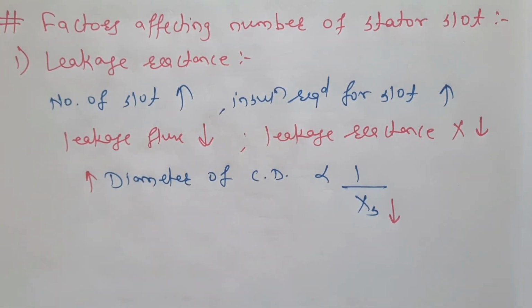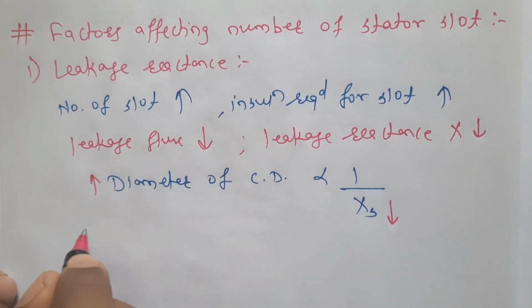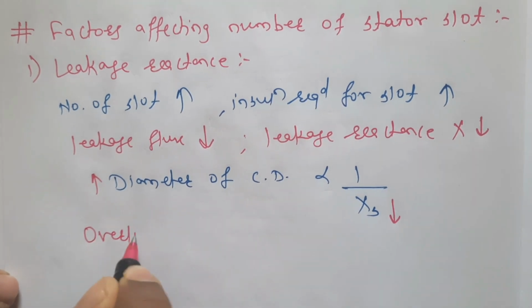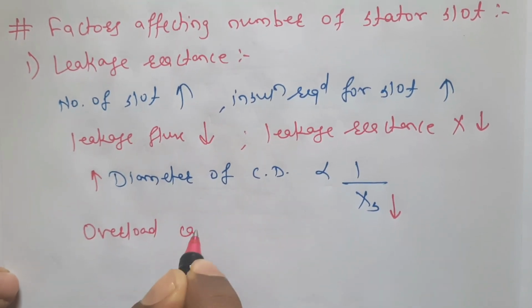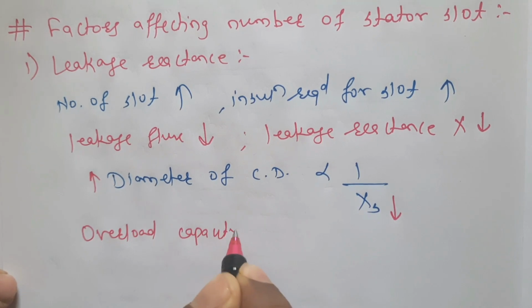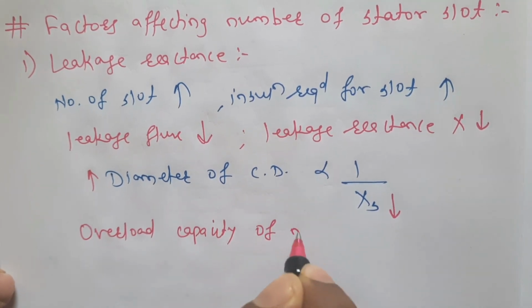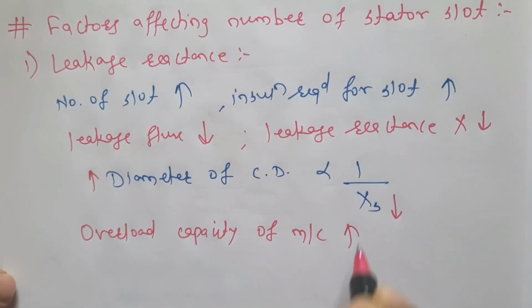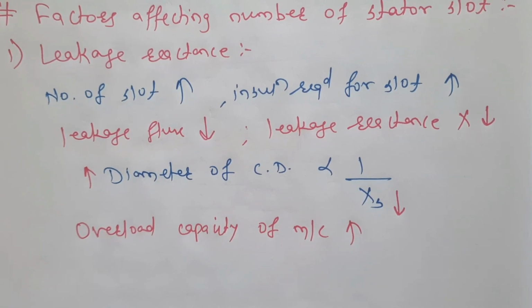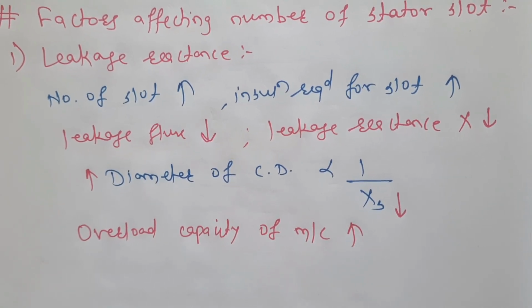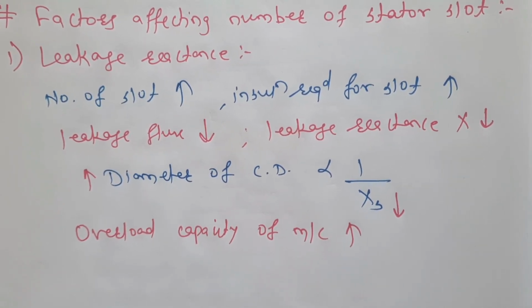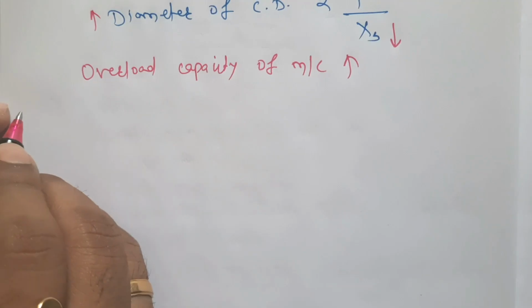As the diameter of circle diagram increases, overload capacity of machine increases. Therefore, a designer should select large number of slots to increase overload capacity of machine.